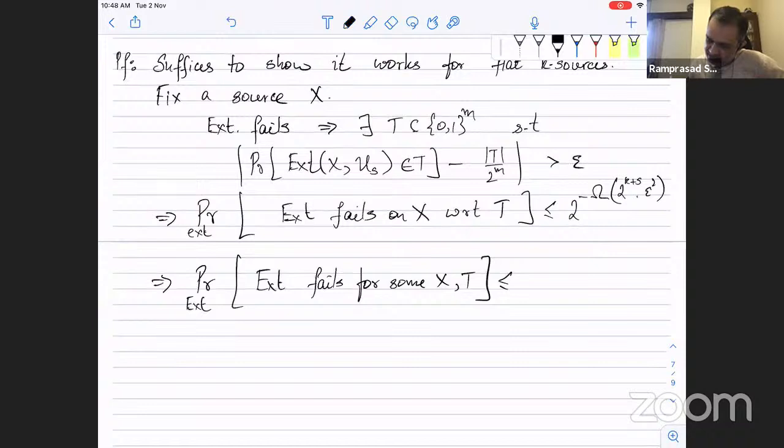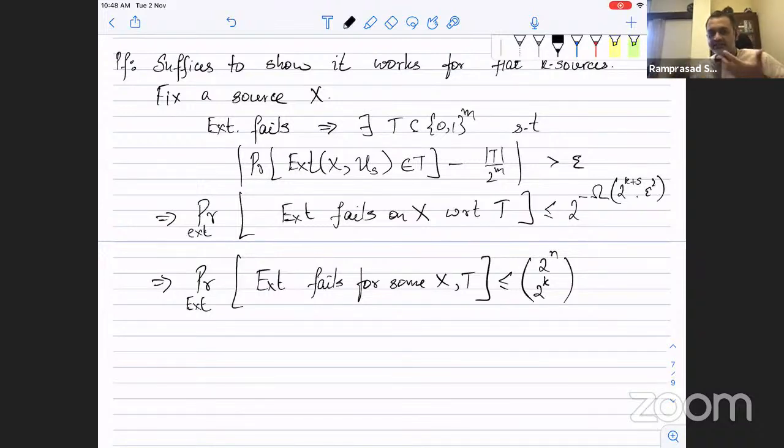This is at most this number times how many different K sources do I possibly have? Well, I have 2 power n strings overall, and a K source means that I need to pick some 2 power K strings among them. So the number of such K sources is like 2 power n choose 2 power K. That's the number of different K sources I'm fighting against.